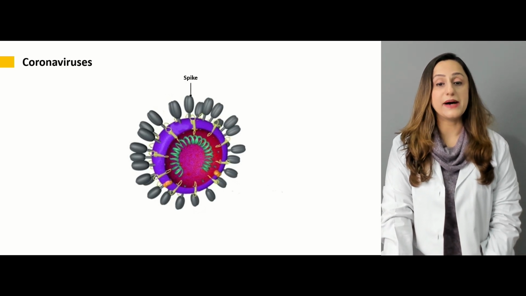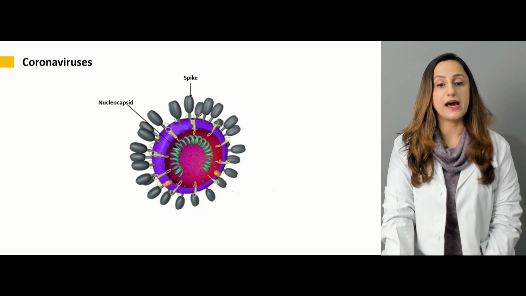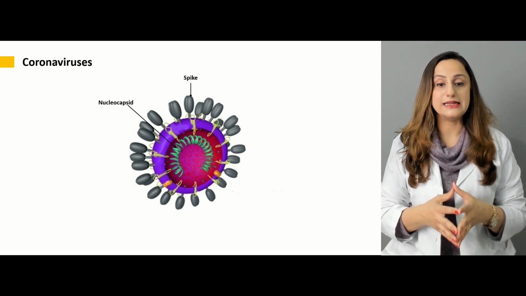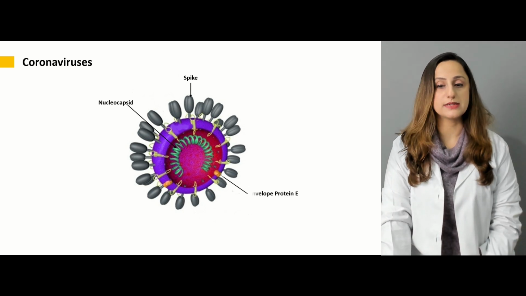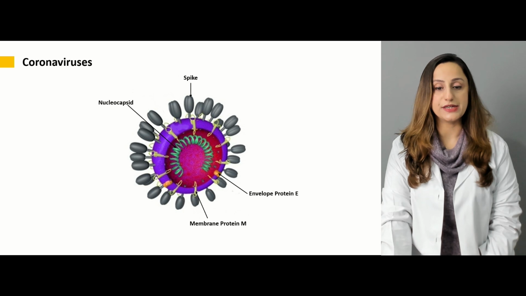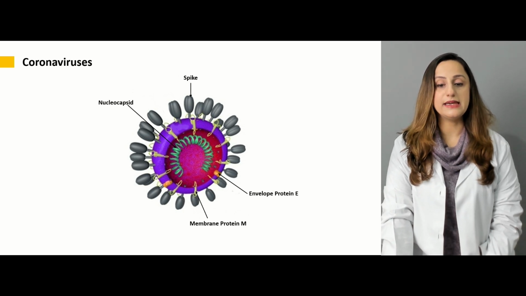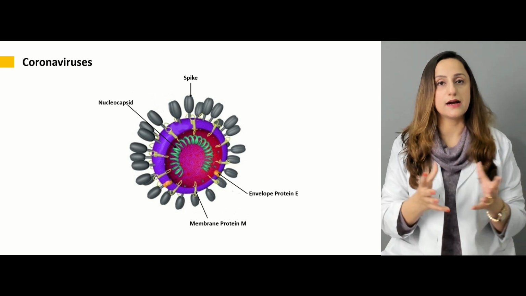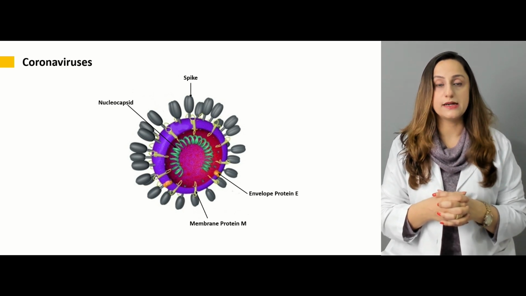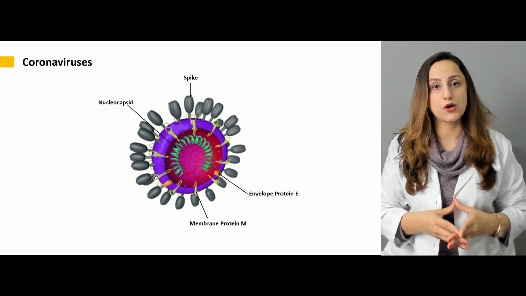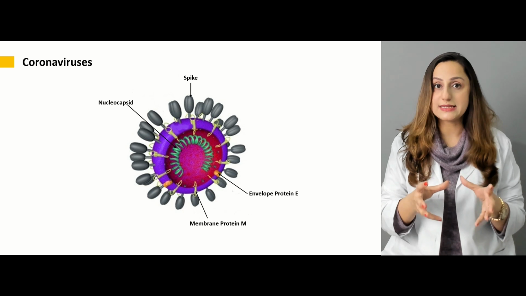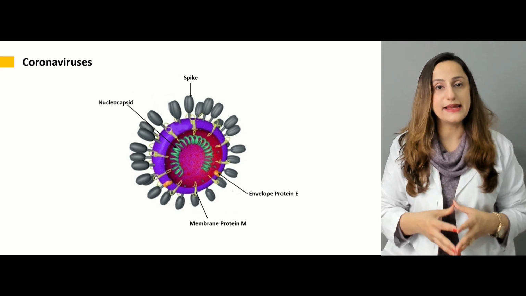These are the spikes that it has, and then we have a nucleocapsid, which is basically the internal core of the virus, and it is enveloped in a protein E over here. Then we have the membrane protein M, which gives the external, protective covering to this coronavirus. These are the typical structural qualities of COVID-19.